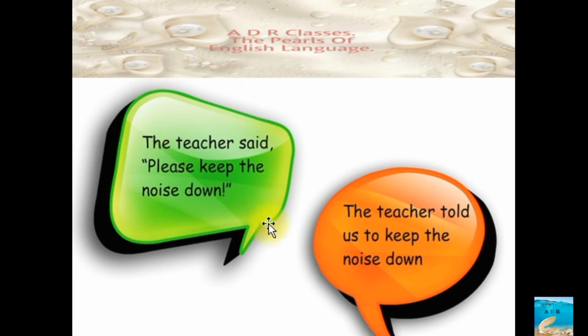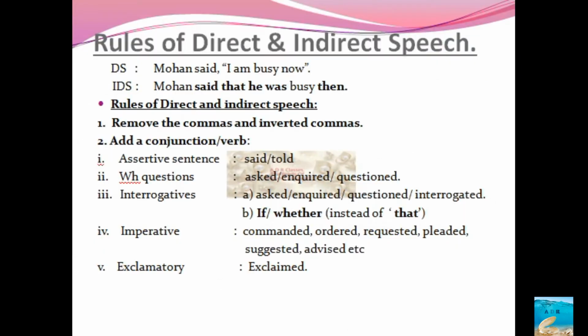Actually this is an imperative sentence, but it is taken as a simple sentence just to adjust to the norms of behavior there. Next is the exclamatory sentence. If you write exclaim, that is okay.